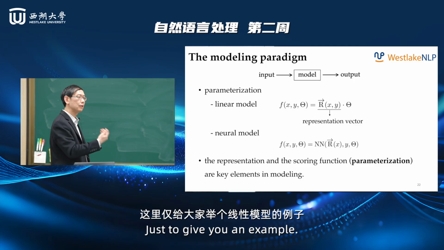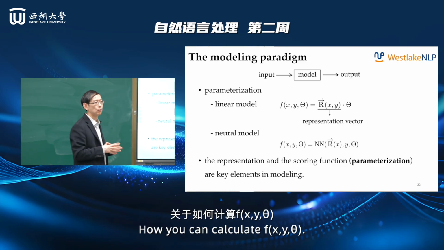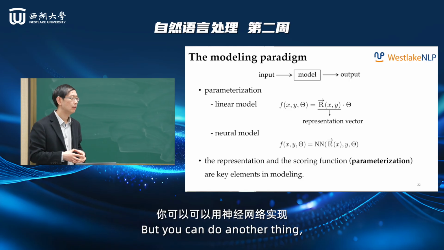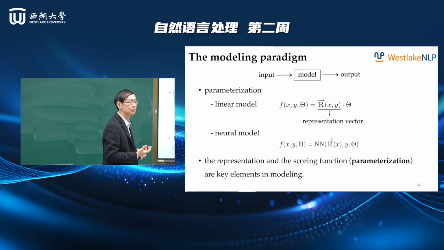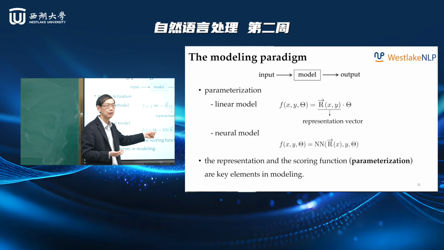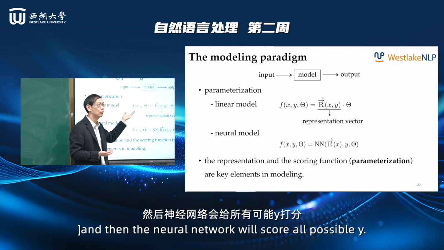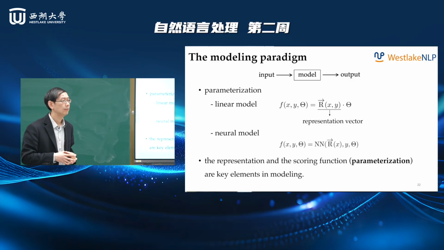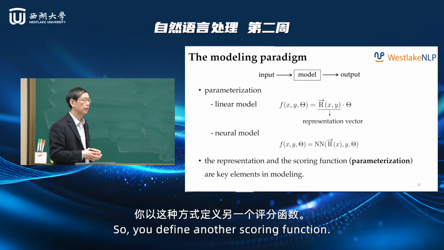Just to give you an example of how you can calculate f(x, y). But you can do another thing, which is, if I have a big neural network, what can I do? Maybe I first turn x into a vector, and then I feed this x into a neural network, and then the neural network will score all possible y. That's also a possibility. So you define another scoring function.